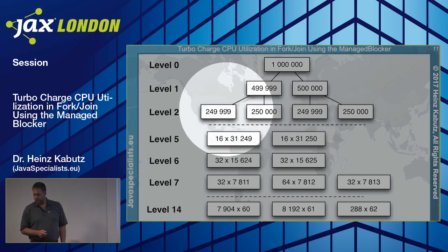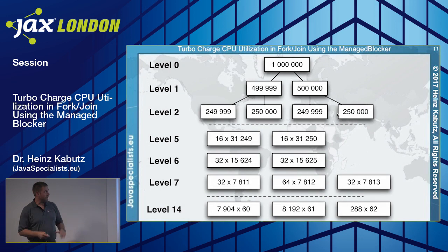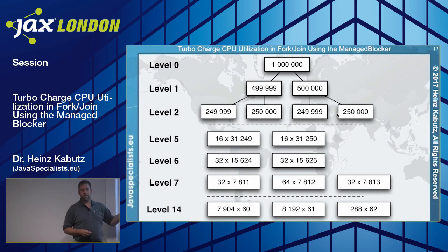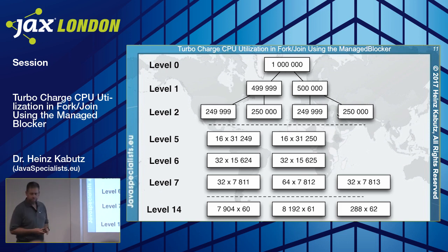Then 499,999 is split into 499,999 and 250,000, but so is 500,000 also split into 249,999 and 250,000. So at every level, there are quite a few duplicates of the numbers being generated. That's the first thing you need to be aware of.